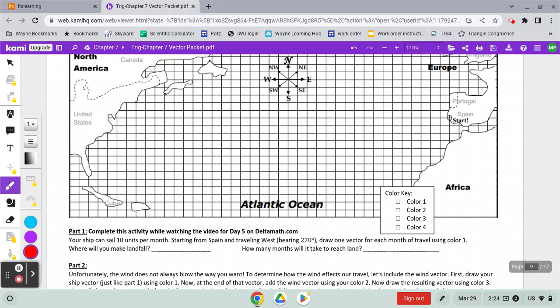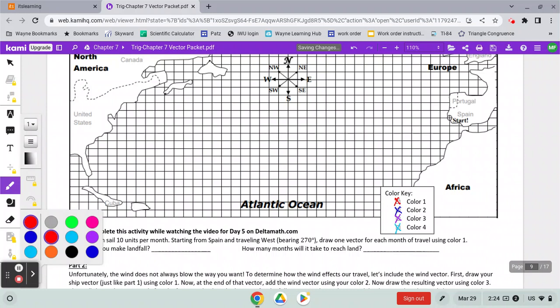You just have to keep things straight, like which vector represents what. Okay, so I'm going to have color 1 be red. We'll do color 2 in blue. Actually, let's do color 3 as purple. And color 4, we'll do light blue.